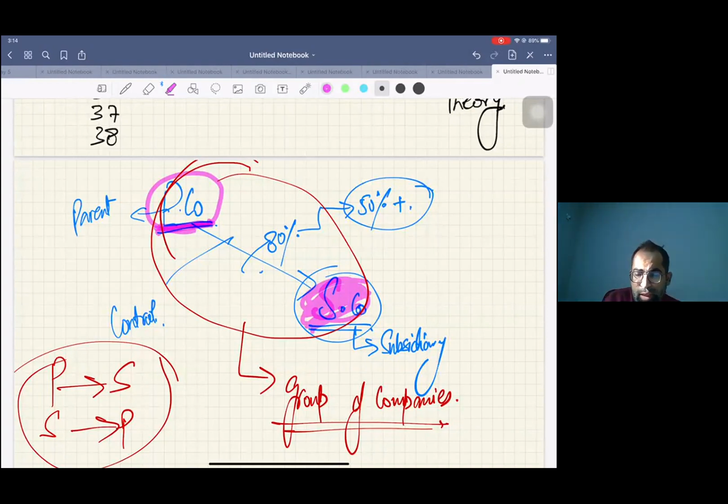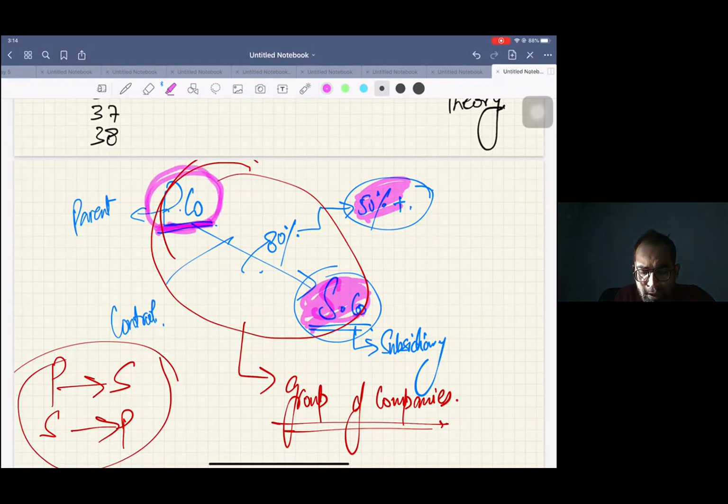So when one company acquires 50% plus ordinary shares of another company, that means that company gets the control of another company. So now parent company has taken over the control of S company.